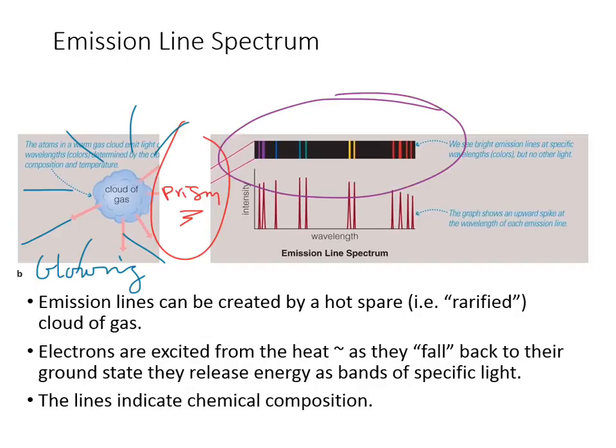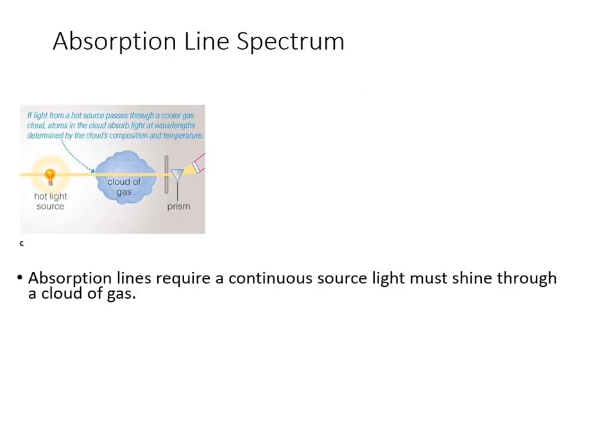And then the yang to that yin is absorption line spectra. Notice what the difference is here. Now we have our source again, behind the cloud of interest. That blue thing, we wonder what is that?